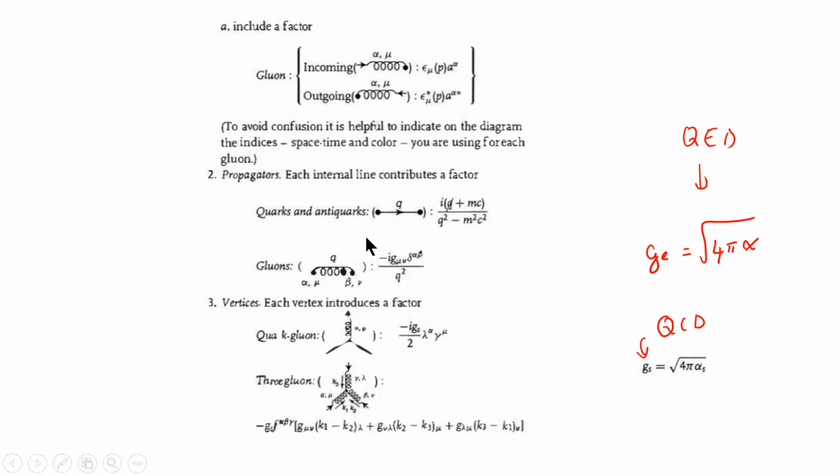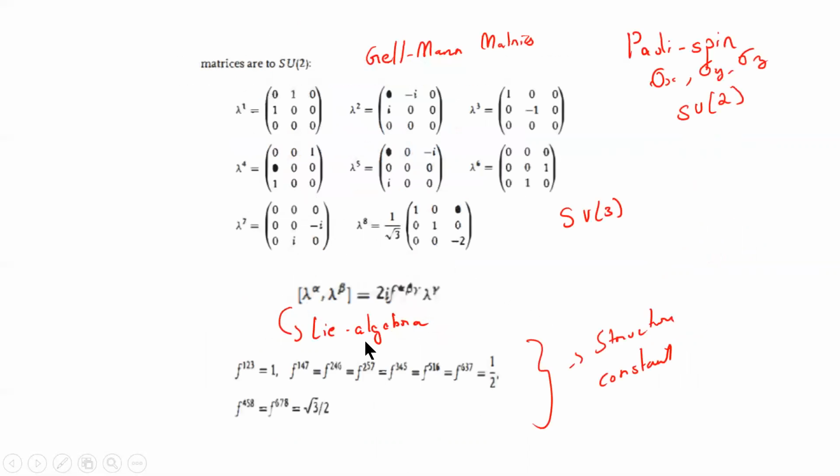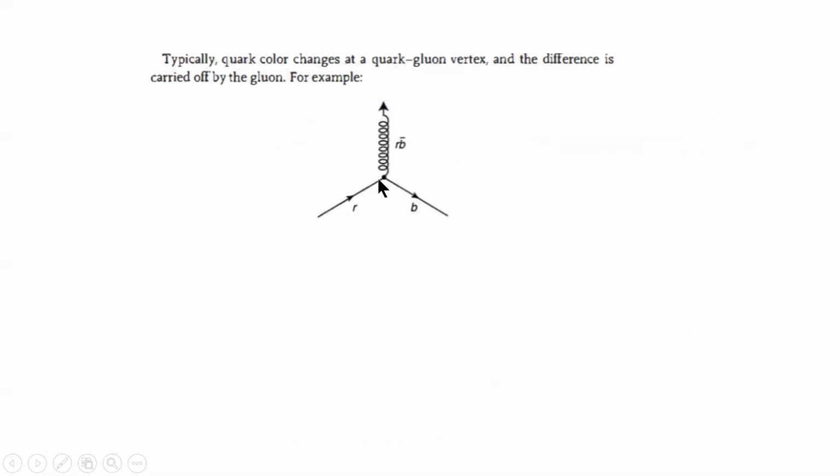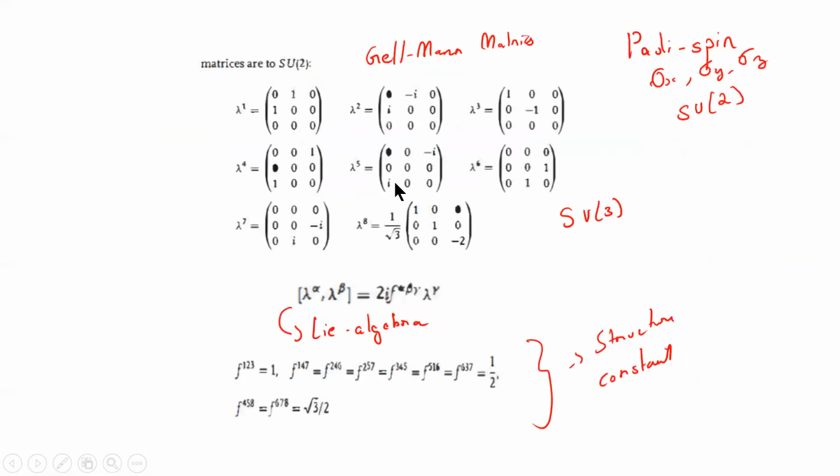Each vertex factor will have a coupling constant, right? So this adds the coupling constant. It tells you how much the quarks are coupling to the gluons. Okay, so here you can see in the diagram there is a vertex factor here. So we see each vertex factor introduces a coupling constant.